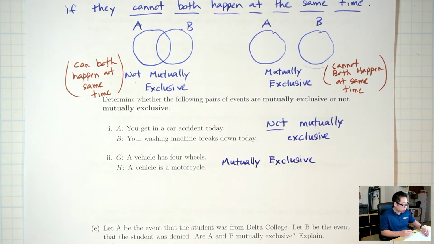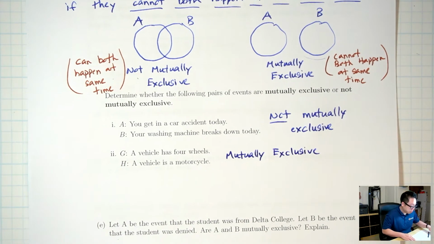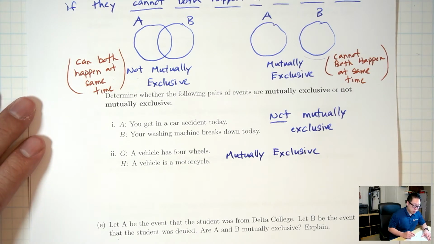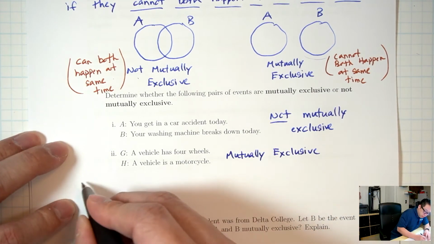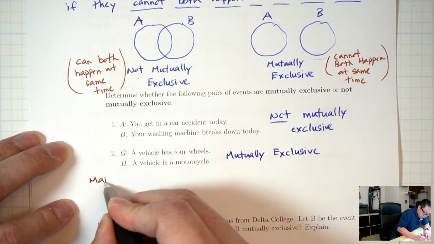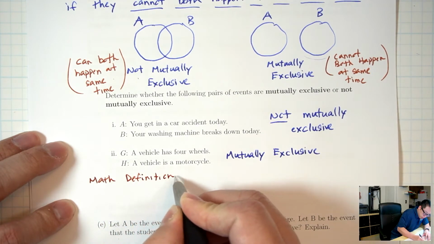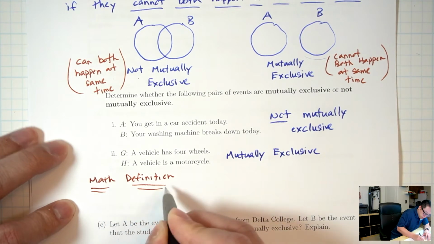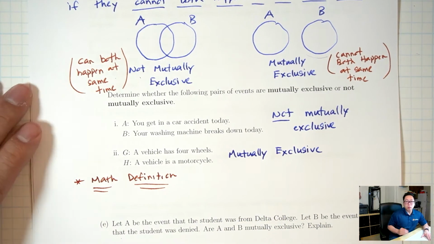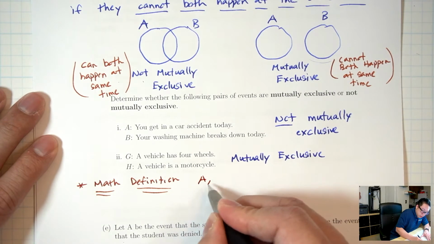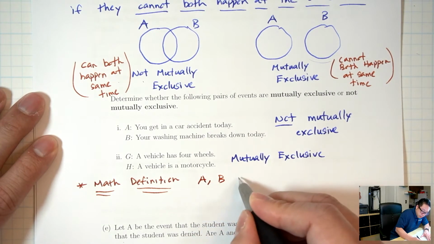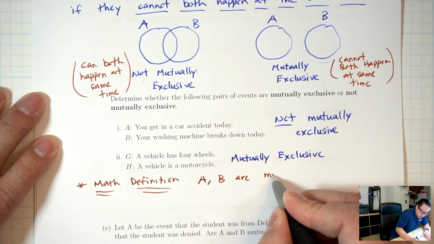We're almost ready to talk about parts E and F, but before I do, let me give you a math definition of mutually exclusive. The math definition: two events A and B are mutually exclusive.